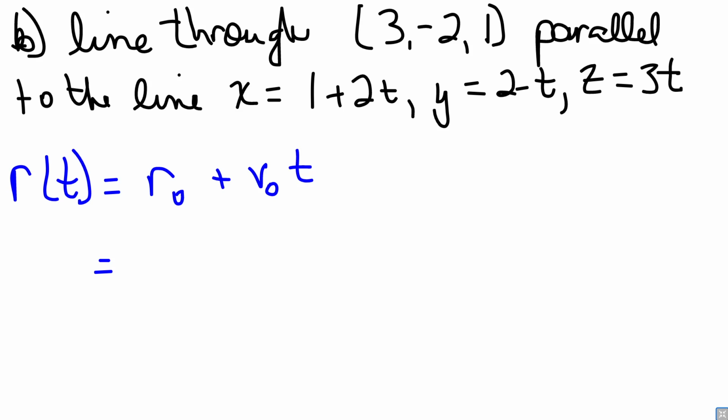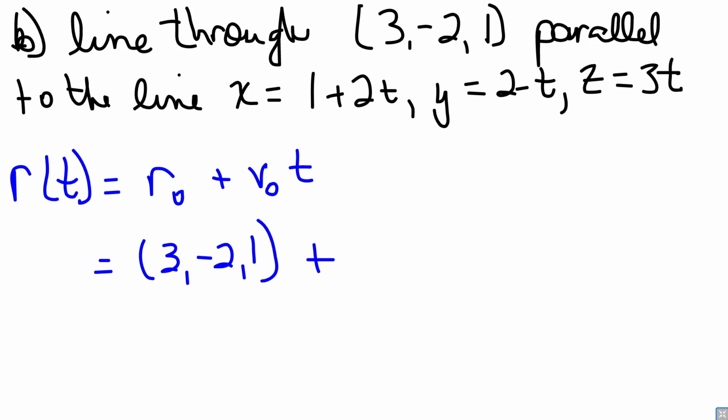So what is our starting point based on the information that we have here? Yes, it's going to be 3, negative 2, 1. And that's going to be our starting point. Plus, okay, so let's remember some things about lines.